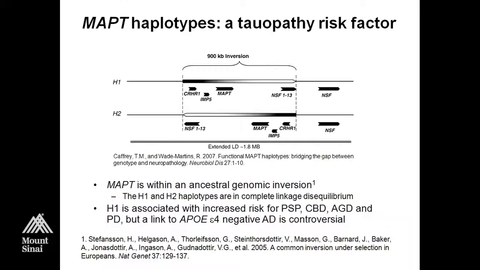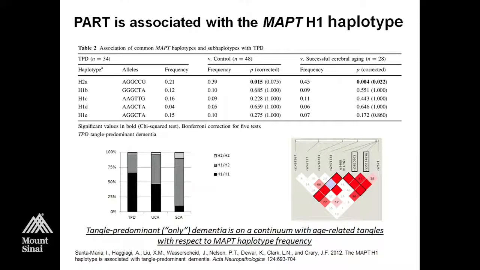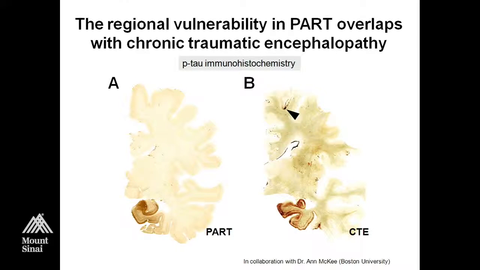There is a subgroup of ApoE4 negative Alzheimer's patients that seem to have maybe an association with H1. So we found that these age-related tangles are on a continuum, so to speak, with these different categories with respect to their frequency of the H1 haplotype.